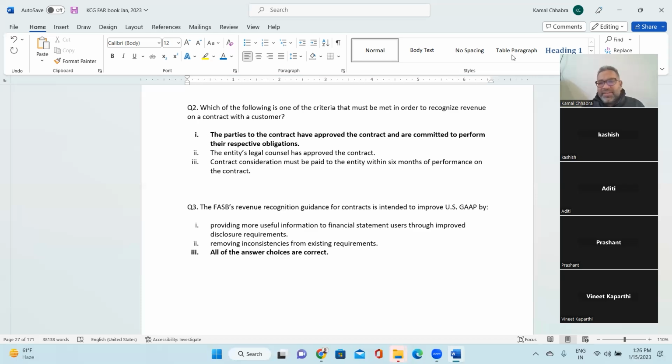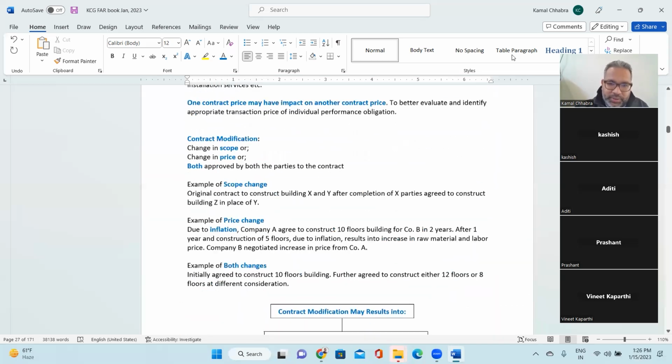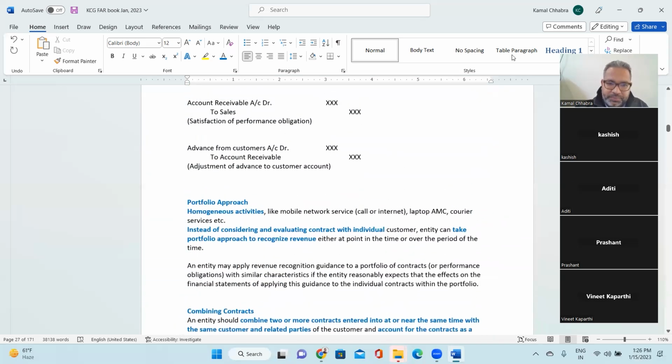If you remember, the very first slide. Yes, very first slide. It had both, removing inconsistency and providing more information regarding the financial statements. Everyone agree?